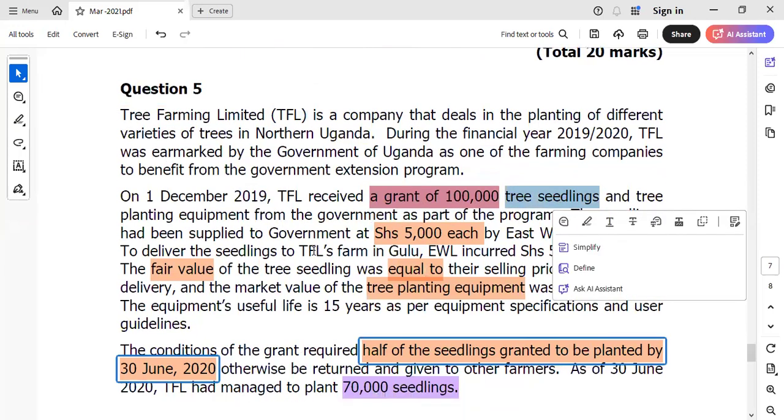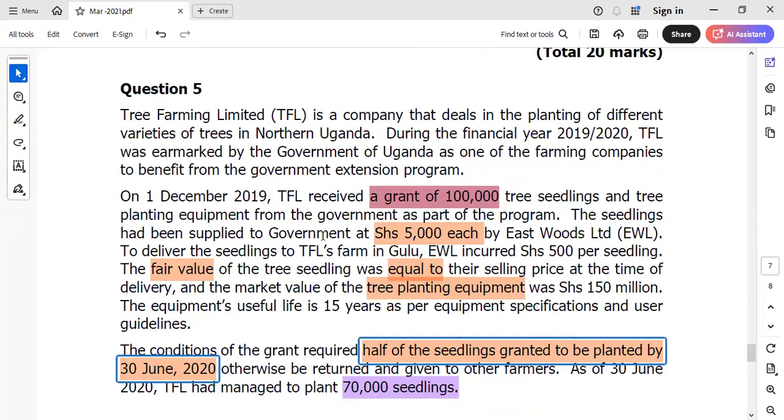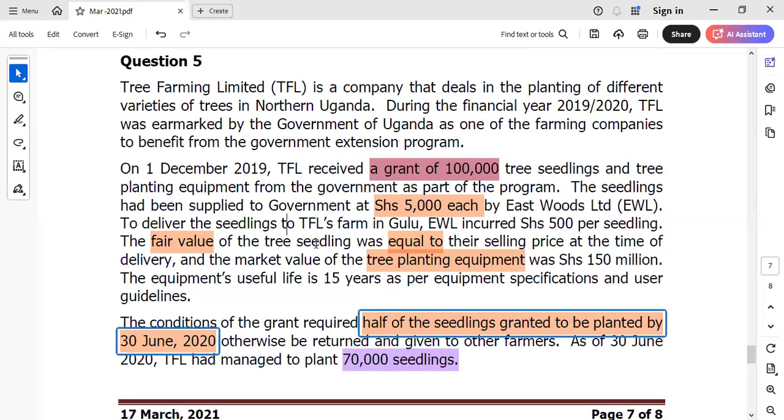Somewhere they told us that the seedlings have been supplied to the government at shillings 5,000 each. So you can get the fair value. Then ask yourself, do you have the point of sale costs? In our question, they told us that to deliver the seedlings to TFL's farm in Guru, EWL incurred shillings 500 per seedling.